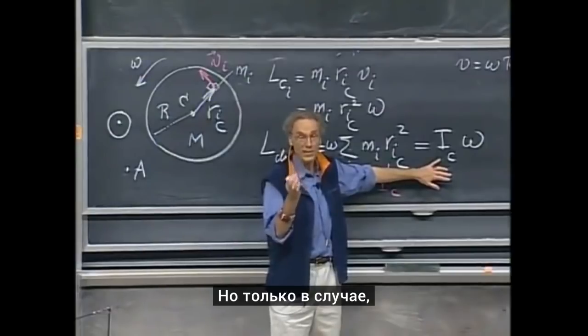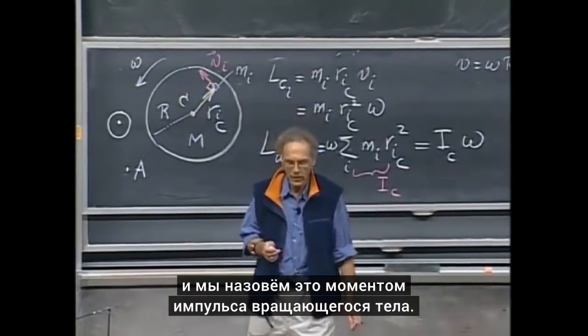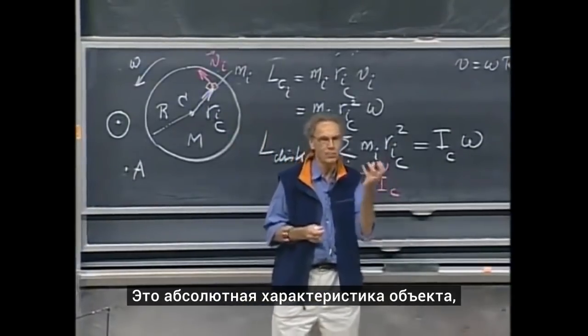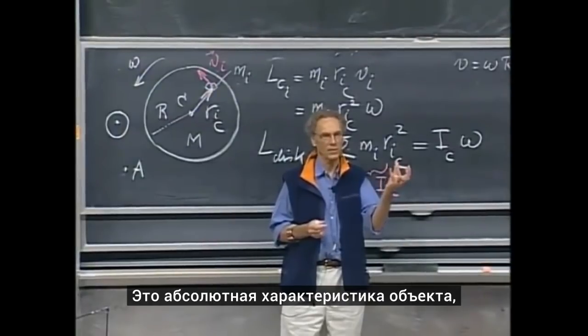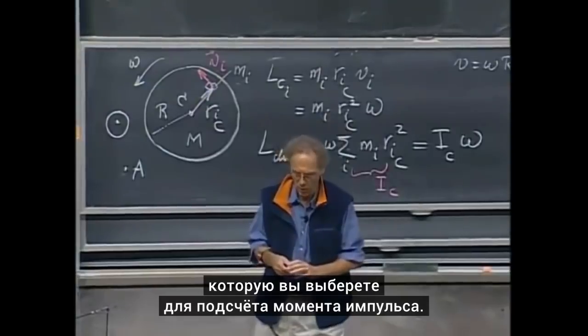But only in case that there is a rotation about the center of mass. And we call that the spin angular momentum. The spin angular momentum is an intrinsic property of an object, regardless of which point you choose relative to which you calculate the angular momentum.